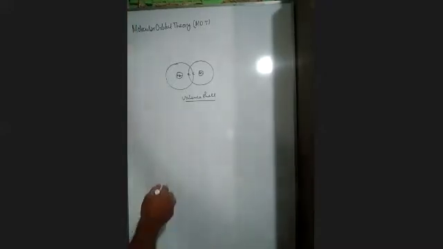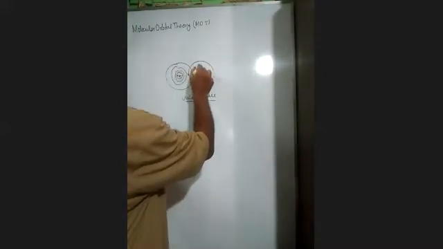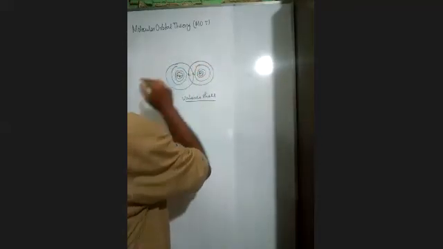In molecular orbital theory, these are the valence shell, and within the valence shell, these are the inner shells.